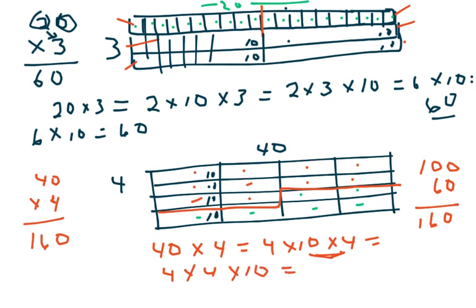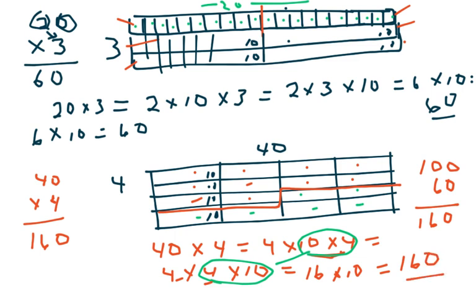So look what we did. We just took 10 times 4, which is 40, and made it 4 times 10, which is 40. Same thing, isn't it? So that's all we did. So then we get here, 4 times 4 is 16 times 10, which, following our rule, is 160. Just what we got here when we built the model, 160.